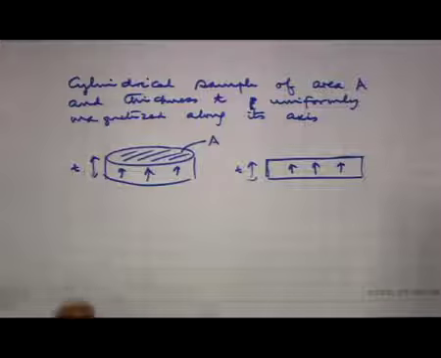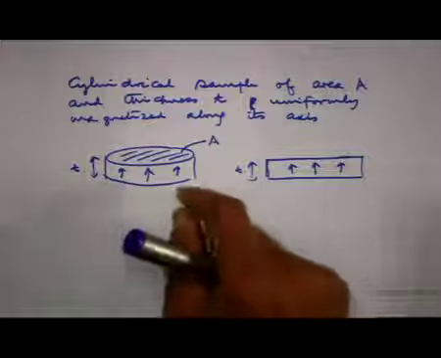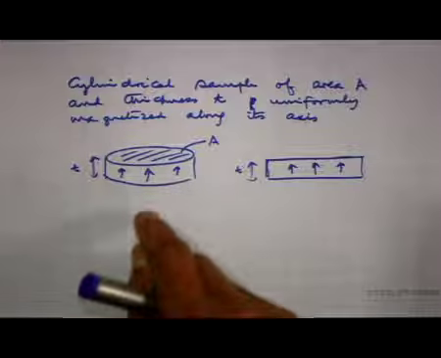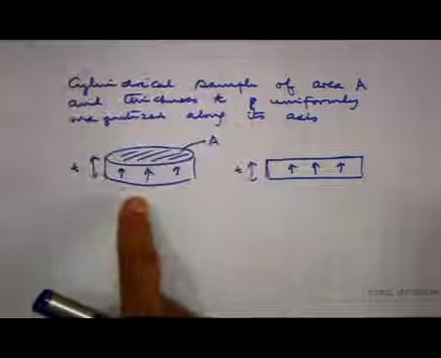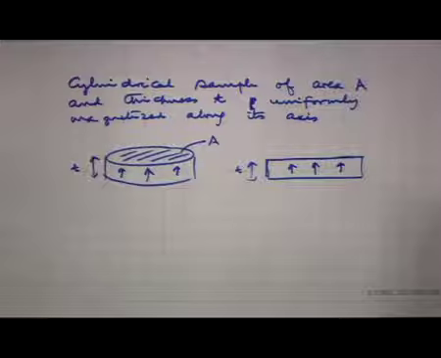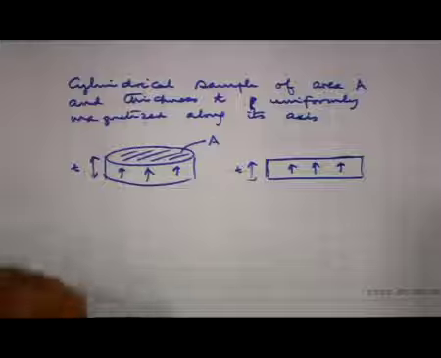So, I have a cylindrical sample uniformly magnetized parallel to the axis of the cylinder, which is vertical, of thickness T and cross sectional area A. Now, remember magnetization is the magnetic dipole moment per unit volume.